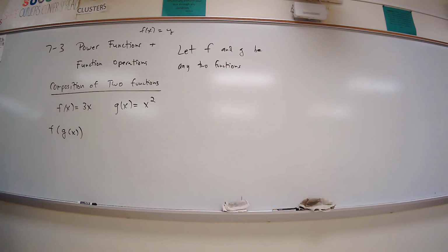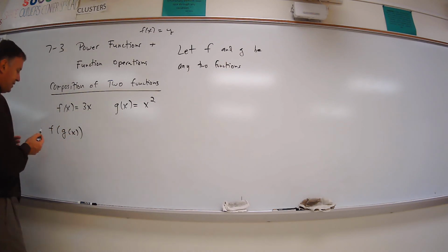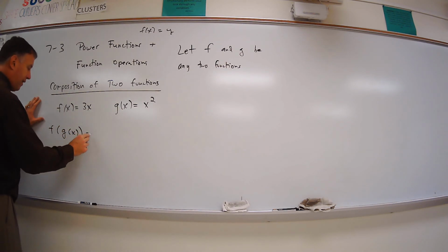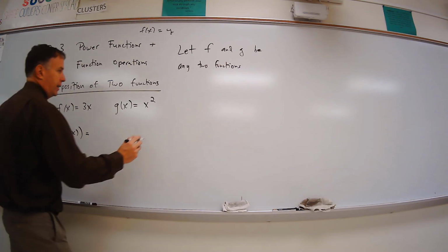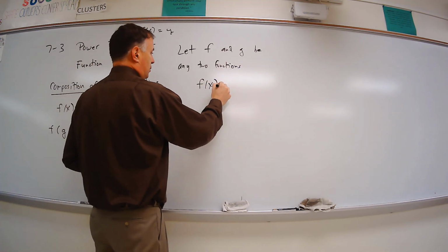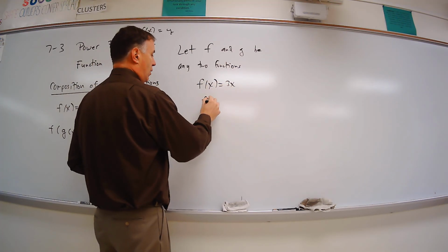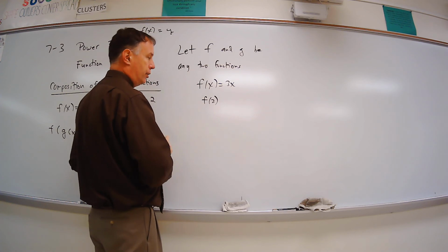So what we have to do here is a lot of substituting. Now, if I told you that f of x was 3x, and I said I want you to find f of 2, what would you do?